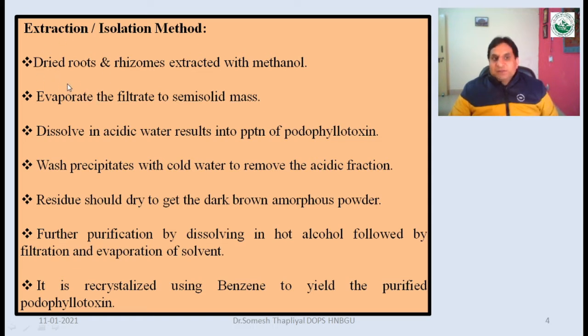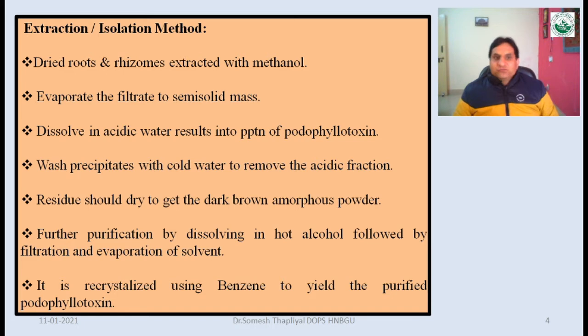The procedure is that we collect the selected plant material, dry it, and convert it into coarse powder, followed by extraction with methanol. After completion of the extraction, we evaporate the methanol by distillation under reduced pressure and we get a semi-solid mass.